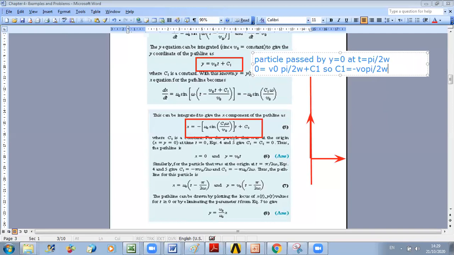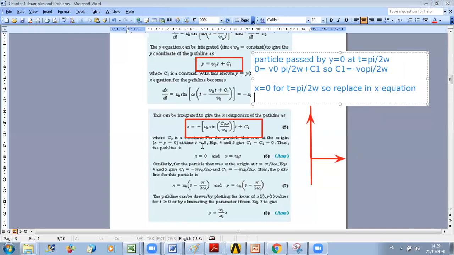The second step, I need to find c2. To find c2, I do the same. I apply the condition on x. So the second condition is that x is equal to 0 also for t equals pi over 2 omega. So if I replace in the equation of x, what do I get? x is equal to minus u0 times sine of c1.